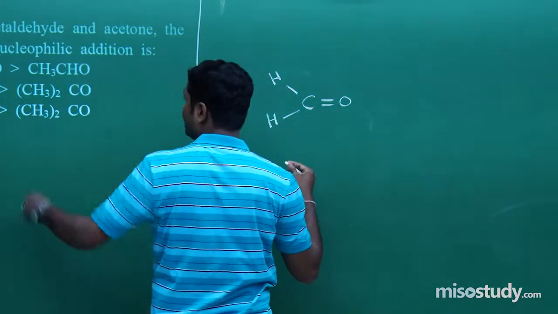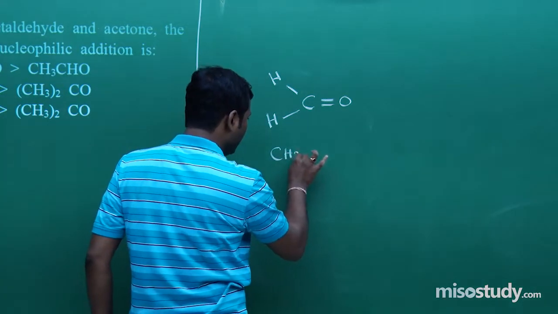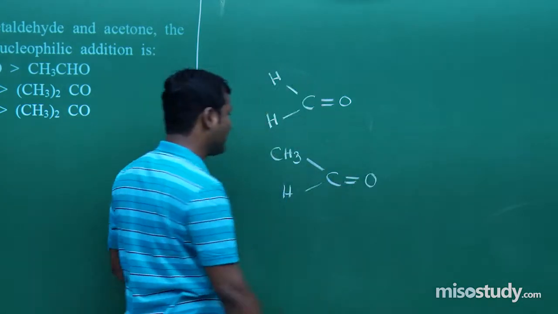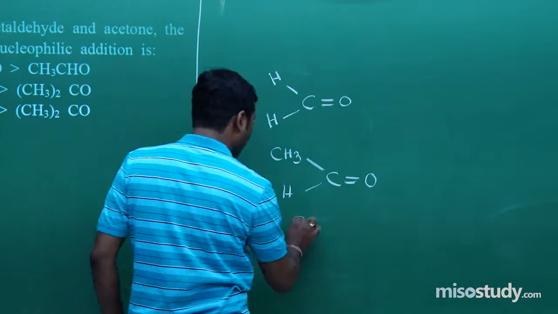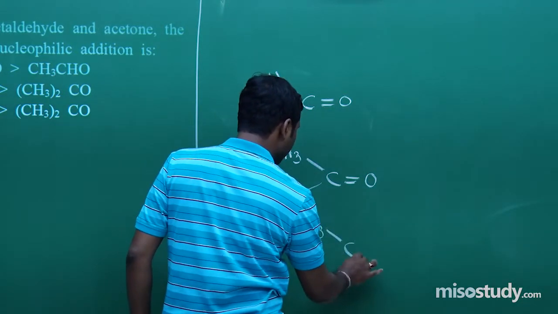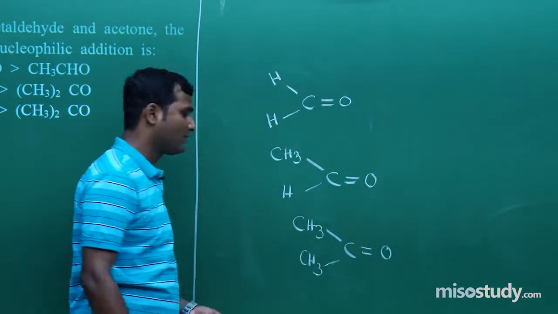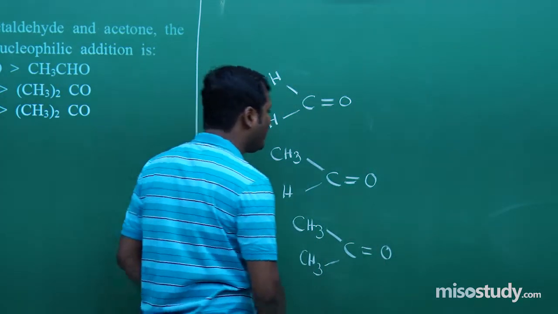Now CH3, C, H, double bond O: this one is acetaldehyde. This one, CH3 C CH3 double bond O, is the ketone.